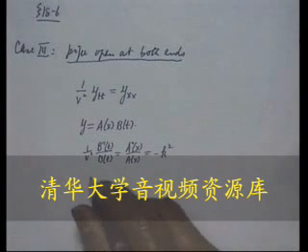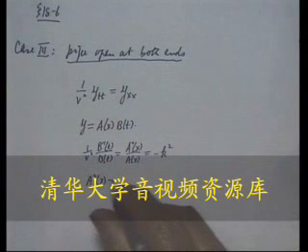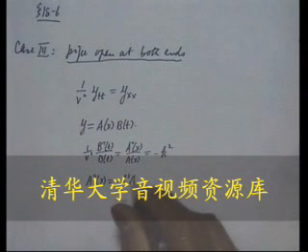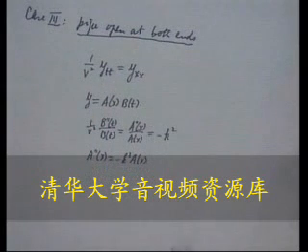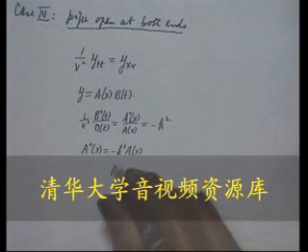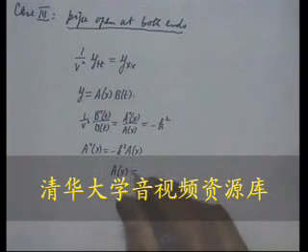So A double-prime is equal to minus k squared A of x, and A of x is a sinusoidal wave.